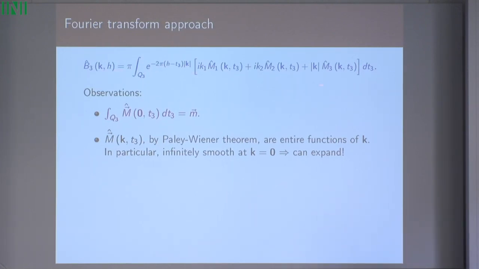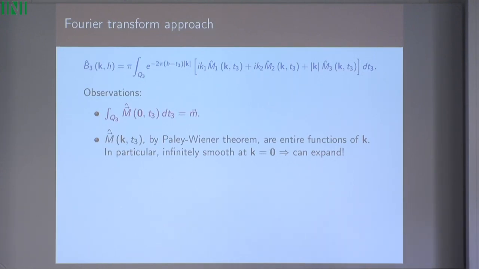So we want to extract it from here by expansion near the origin. When k is small, then those m1, m2, and m3 would produce what we are searching for. And these expansions are justified because everything is very smooth.